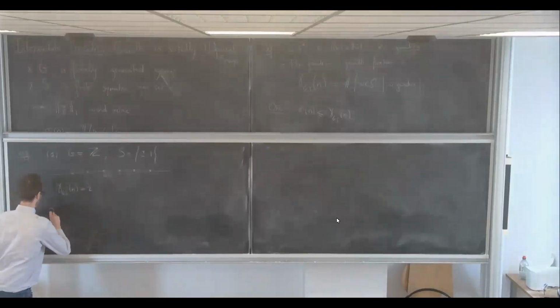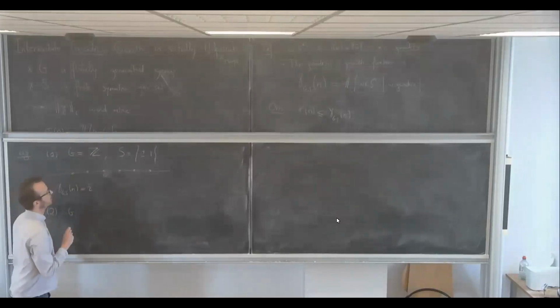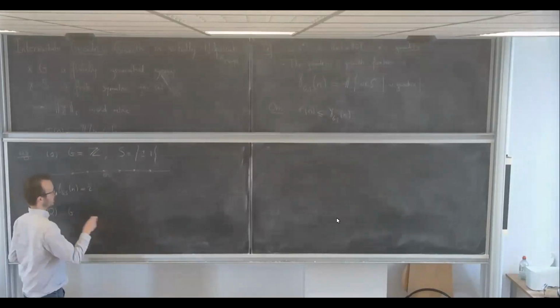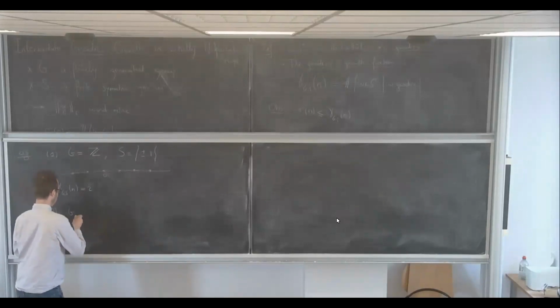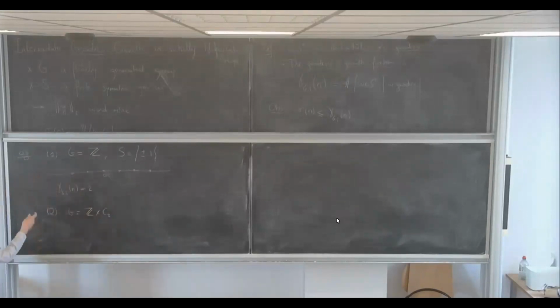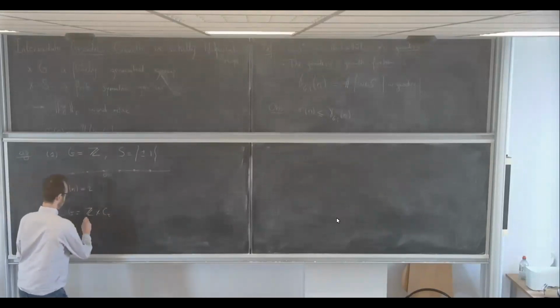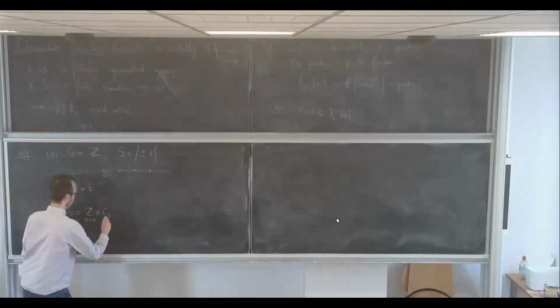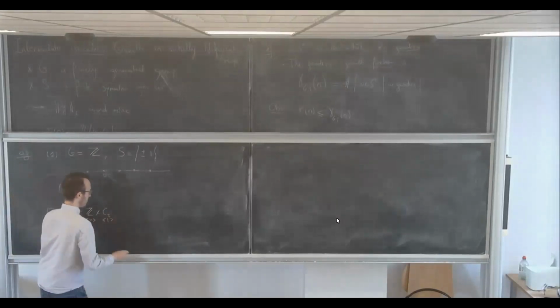Okay, so that's one thing. Maybe some other example. What's tricky with this function is that it's actually strongly dependent on S. When you do standard growth, usually it's the same up to some equivalence relation, but here it really strongly depends. So for example, you take Z direct product with the cyclic group of order 2. I'm going to say that Z is generated by a, and the cyclic group is generated by b.